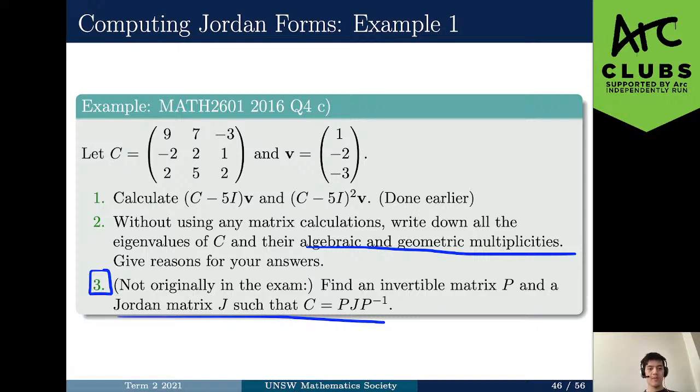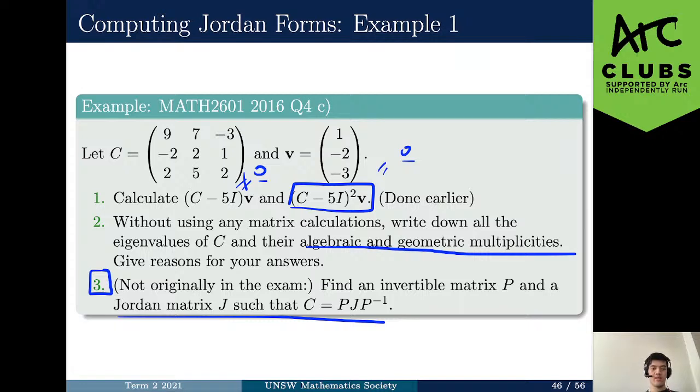Okay, so first of all, we want to write down the eigenvalues and the algebraic and geometric multiplicities. So from earlier on, in the previous part you might have forgotten, we calculated this one, and we said that this one here is the 0 vector, and this one here is not 0. So basically from earlier, we concluded that this vector here is a generalized eigenvector that lives in the kernel of C minus 5I squared.